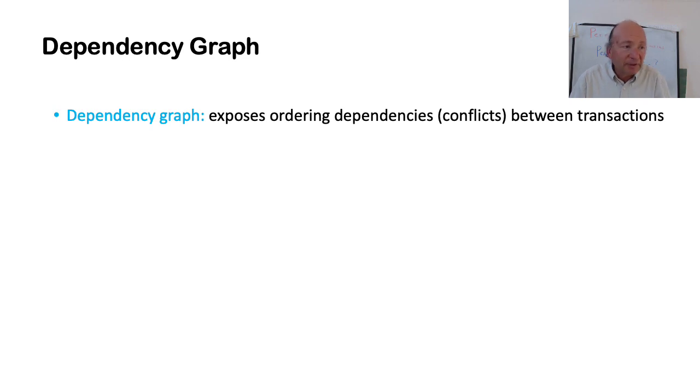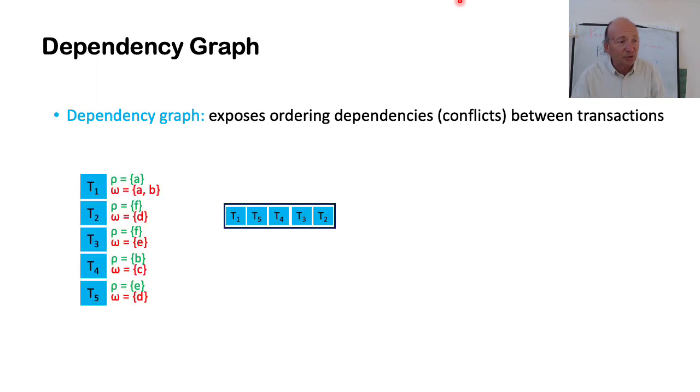A dependency graph basically exposes the ordering dependencies or conflicts between transactions. So for example, we have various transactions here, T1 through T5, and in each case we have the read set and write set. For example, T1 reads A and writes A and B.